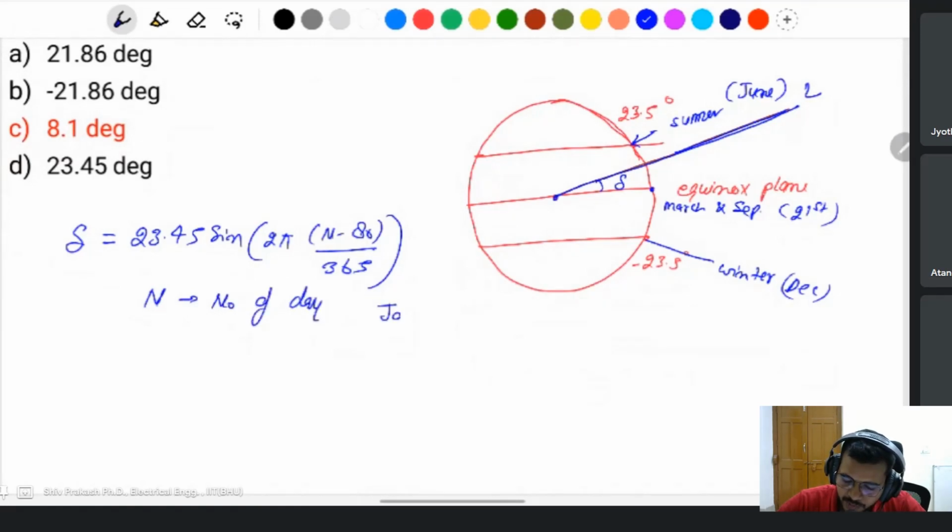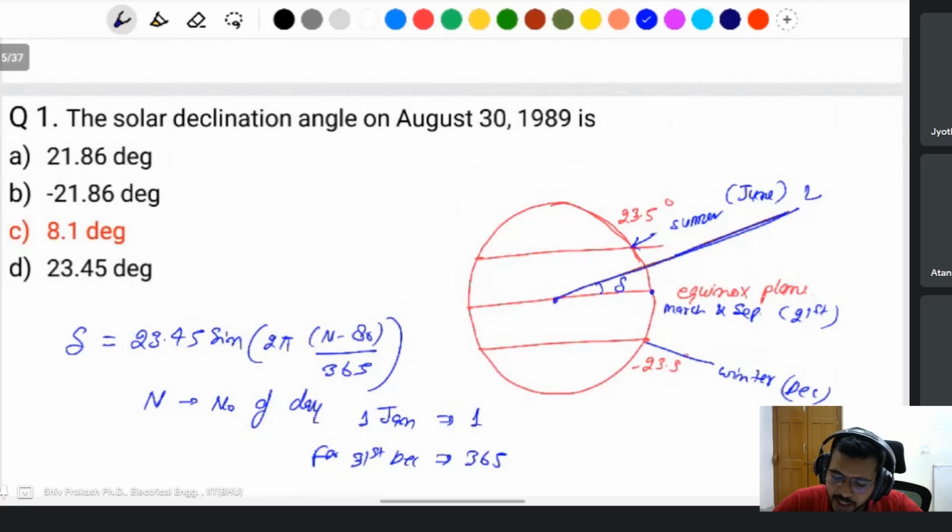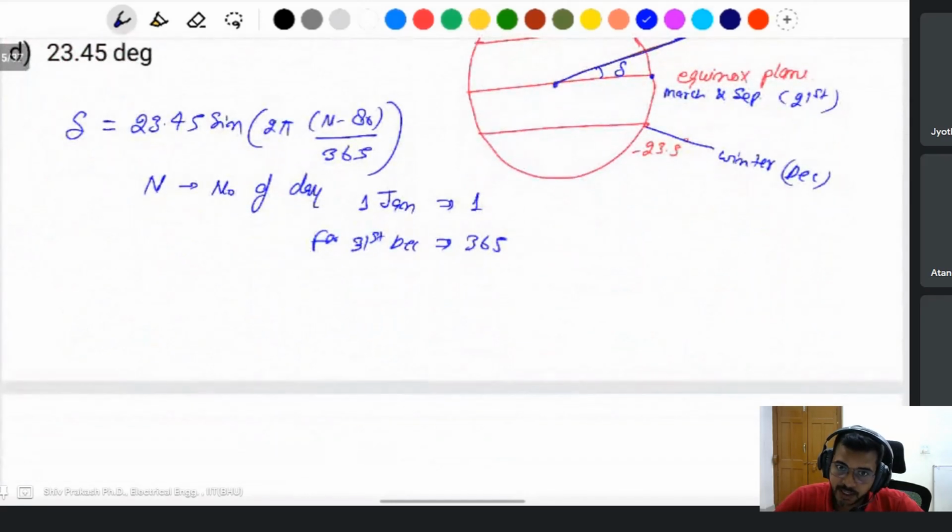Like for January 1st it will be 1, and for December 31st it will be 365. But here it asks about August 30th 1989, so find the number of days.